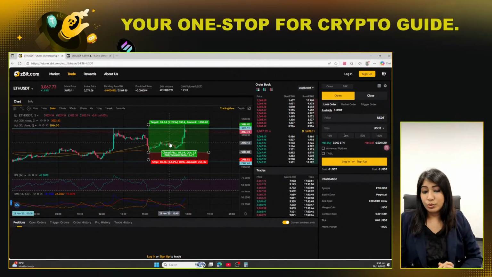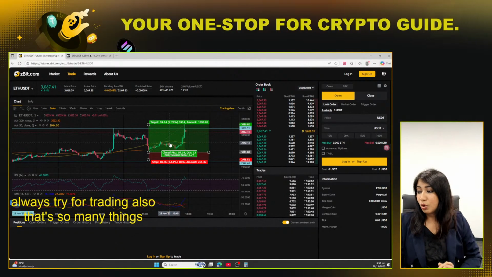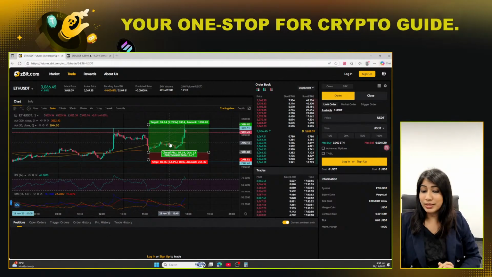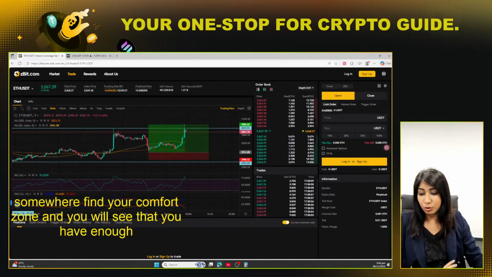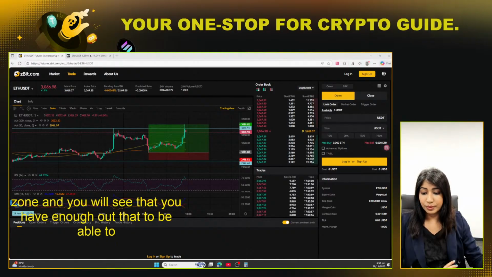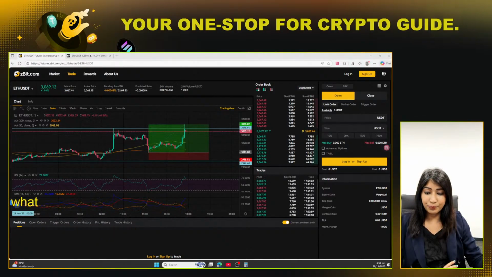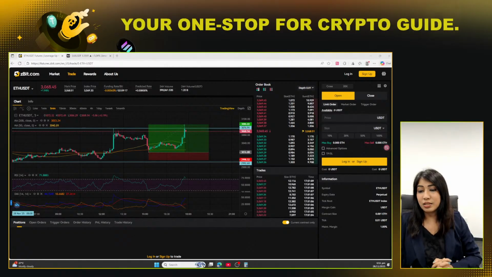You will somewhere find your comfort zone, and you will see that you have enough to be able to consider yourself a trader, because there are different types of traders also.